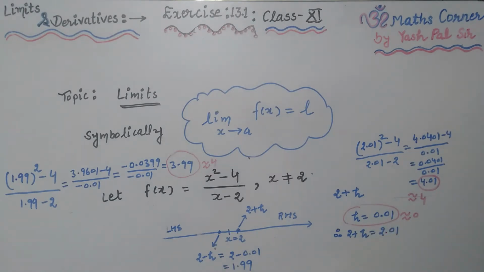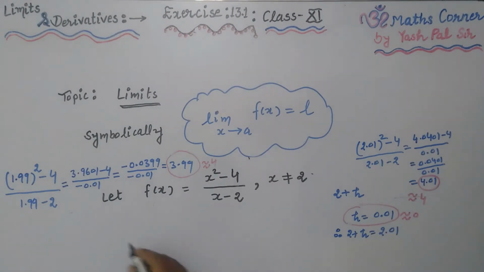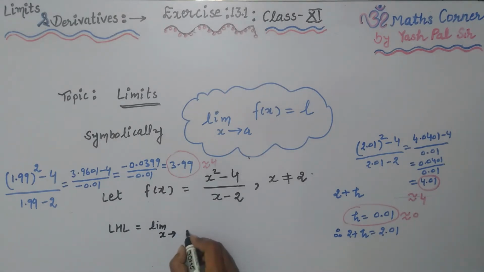So how do we write it? Firstly the left-handed limit: limit x approaches 2, where we put a minus sign, of the function f of x.